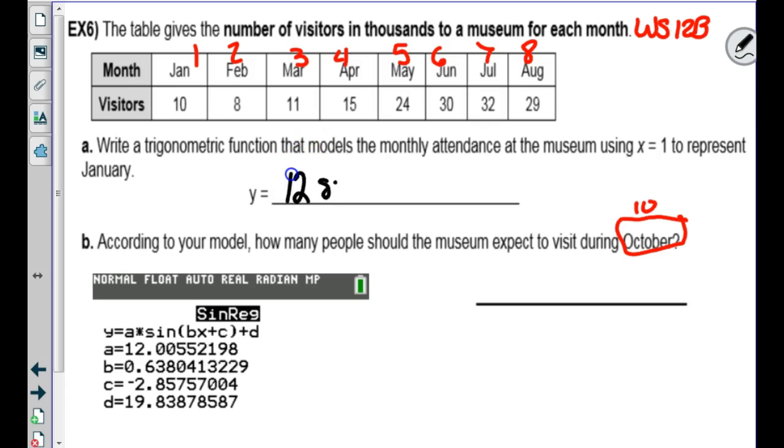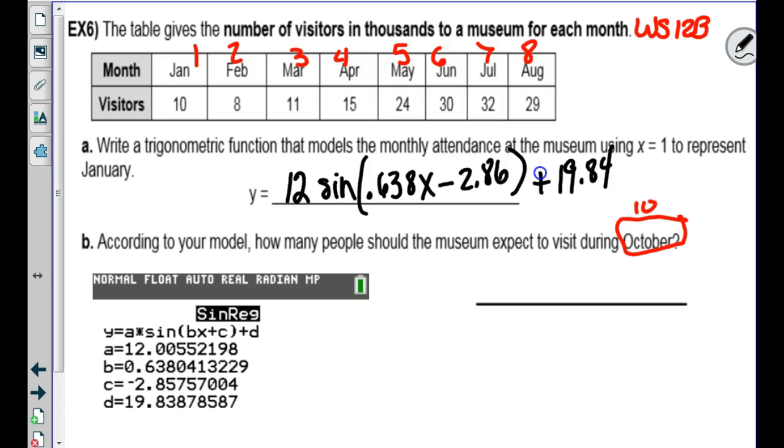So I'll have 12 as A, and then it's sine bx plus c, 0.6, I guess I'll go 3.8 on that one, whatever, plus c, c is minus, right? Minus 2.86 plus d, 19.84. Okay, whatever.